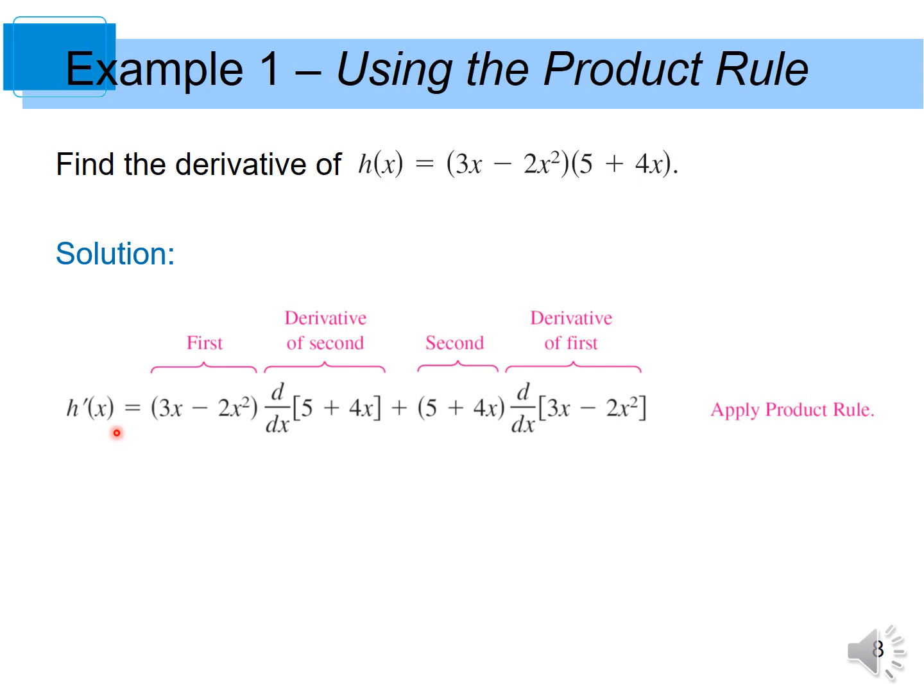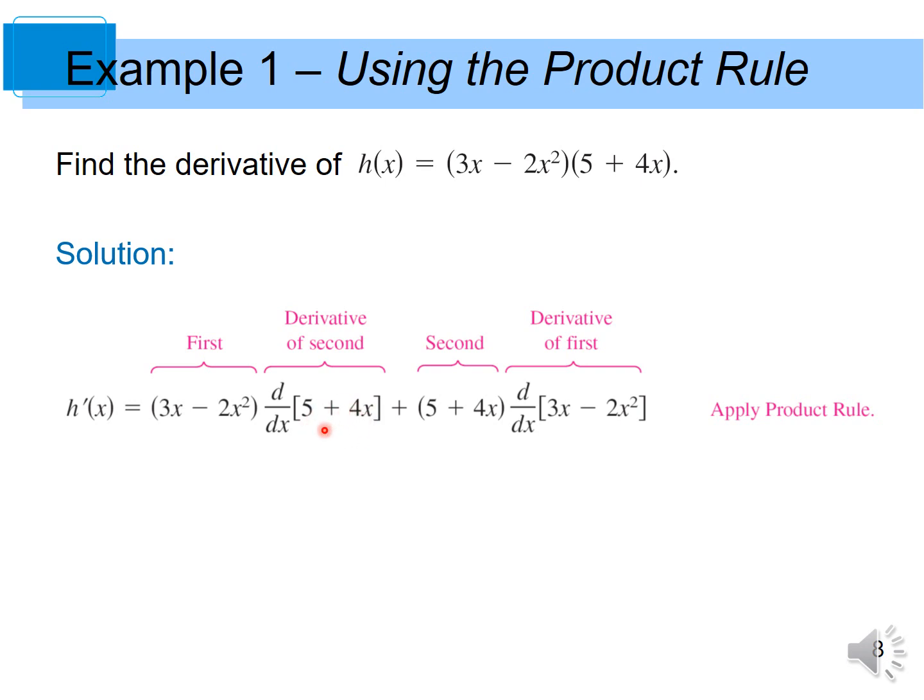So h prime(x) is equal to, we differentiate the second function with respect to x, multiply the first function, plus we differentiate the first function, multiply the second function. And in the previous section, you learned that when we differentiate 5 plus 4x, this is in the sum form, so we can use the sum rule.